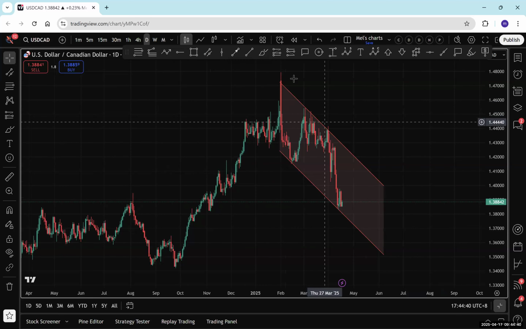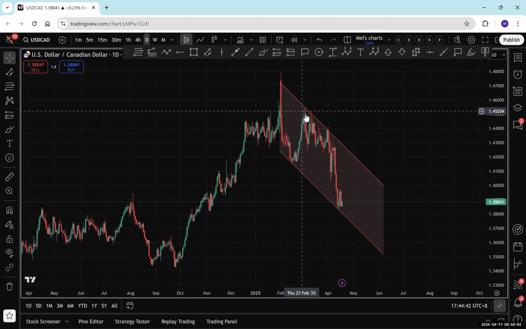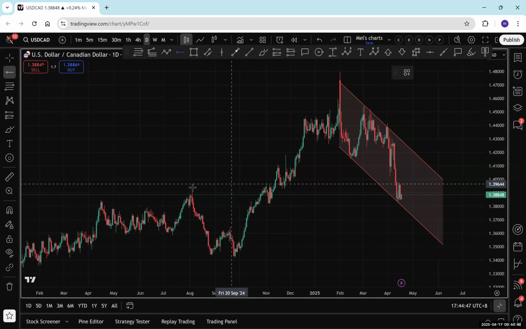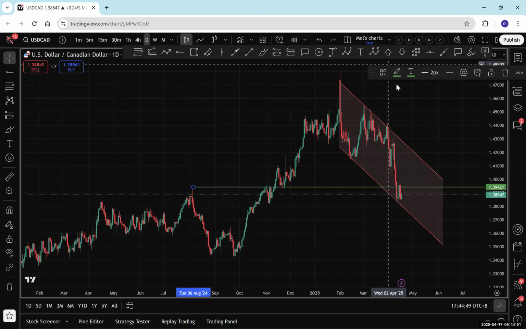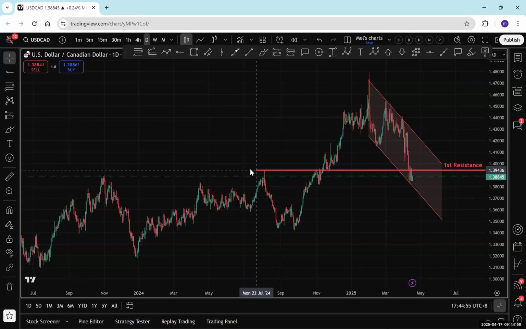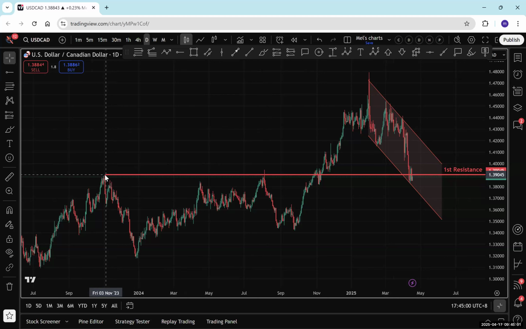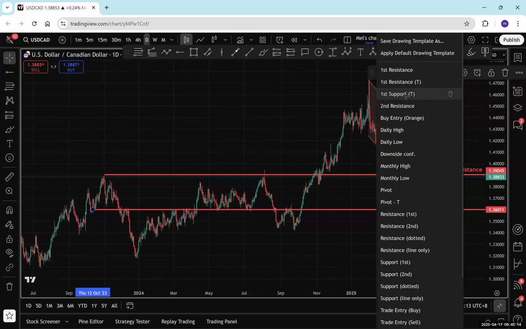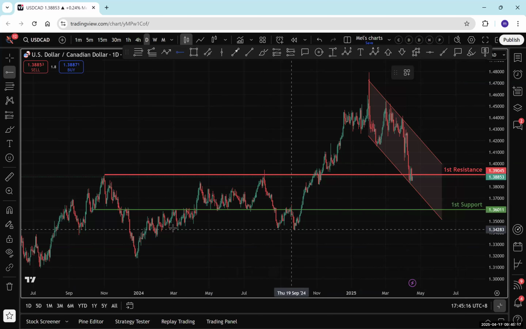Okay, so for a valid trend channel, just to recap, it needs to have at least two touches at the top and two touches below. Okay, so my first resistance will be up here, and then first support, maybe here, because it's in line with many levels.